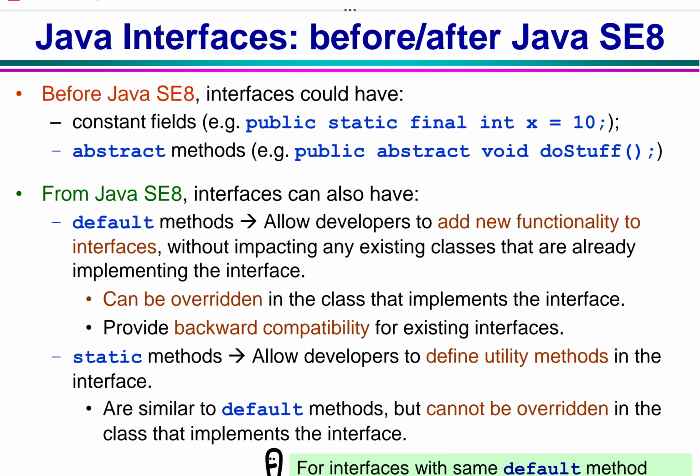Constants are public static final. Interfaces can also have default methods, which allow developers to add new functionality to interfaces without breaking existing code.